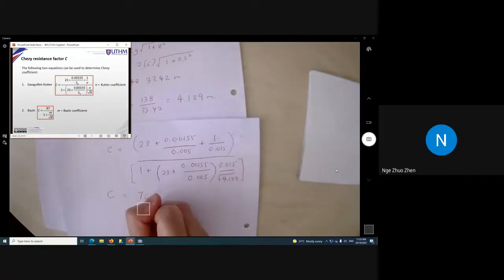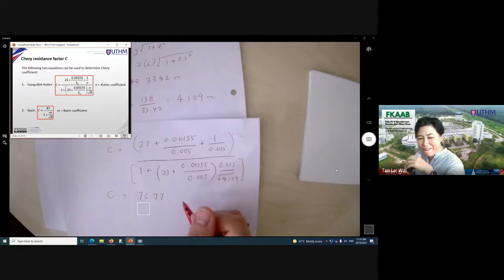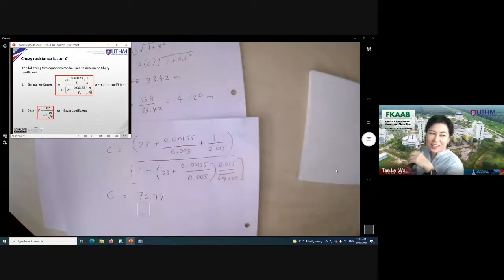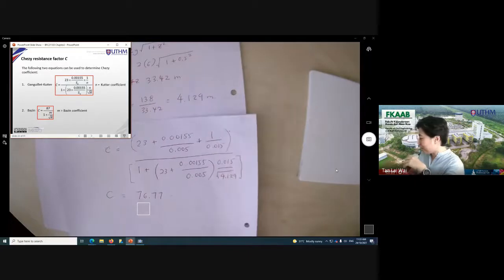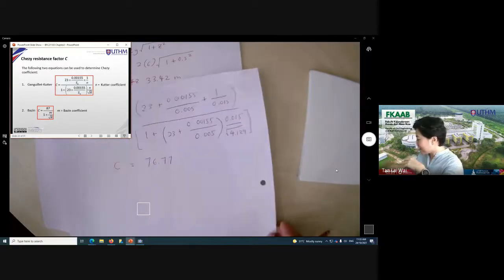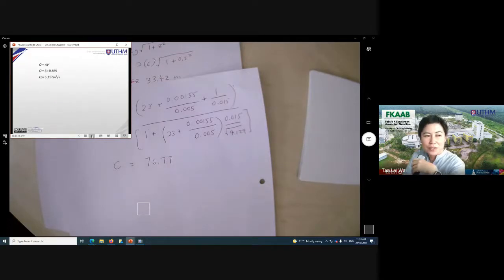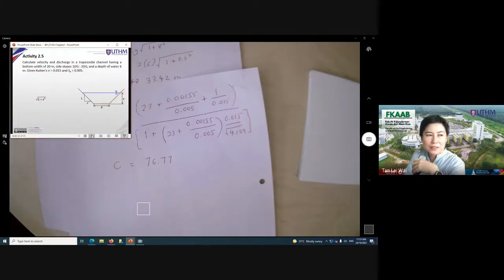76.77. What is the unit? No unit. Okay, great. Manning and Chezy coefficient, there is no unit for them. Okay. So you have this. After that, you can solve the question already. That means the question asks for velocity and rate of flow, right? So therefore, let's just go back a bit.